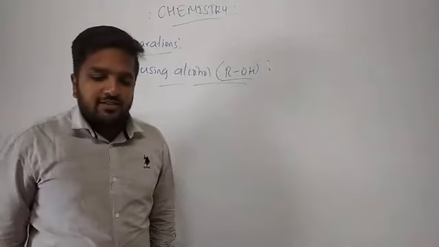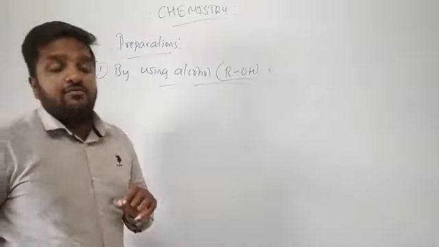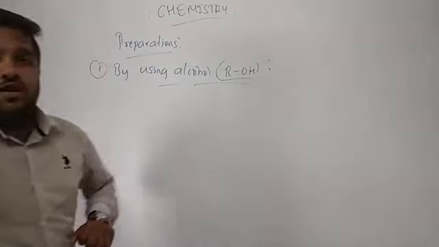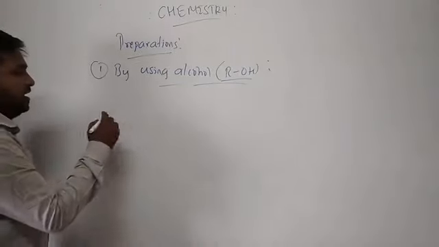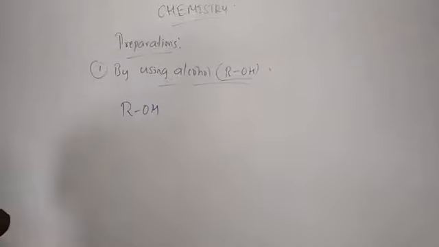Clear? So let's take the first process. When alcohol is treated with hydrochloric acid in the presence of zinc chloride, you get an alkyl halide. You can write it. We have alcohol.